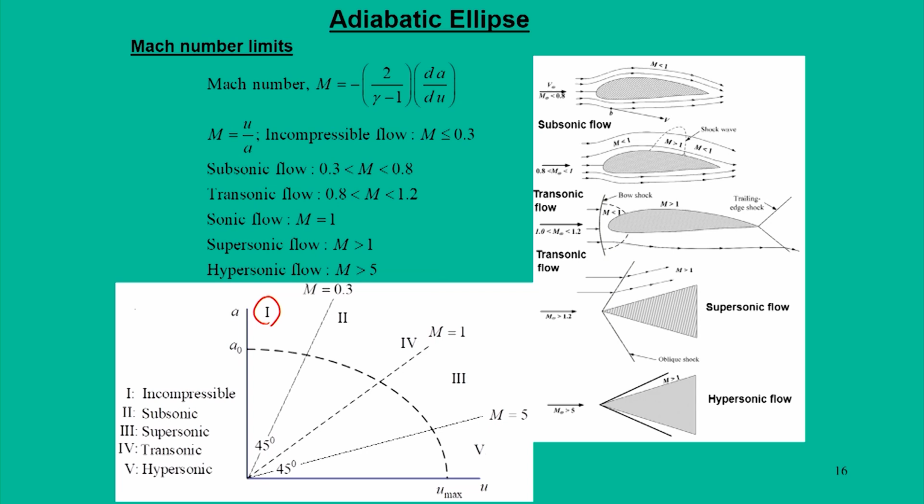Now, the compressibility effect comes into the picture at some point on this ellipse line where you have a Mach number of 0.3. Beyond 0.3 we are entering the subsonic zone, that is zone 2, and the subsonic flow continues from 0.3 to 0.8.